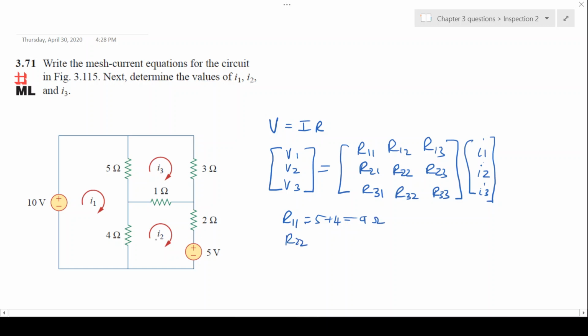R22, same, the sum in loop 2, that will be 4 plus 1 plus 2, which is 7 ohms. R33 will be the sum of the resistances in loop 3, which will be 5 plus 3 is 8 plus 1 is 9.